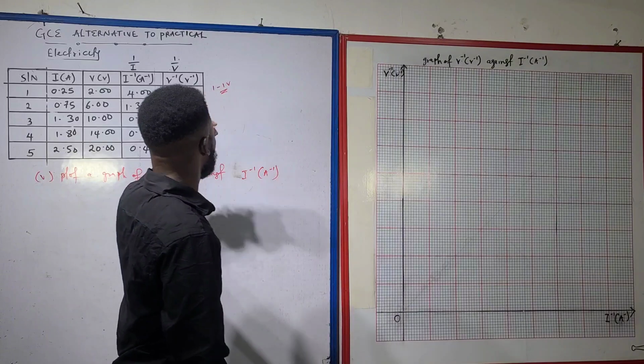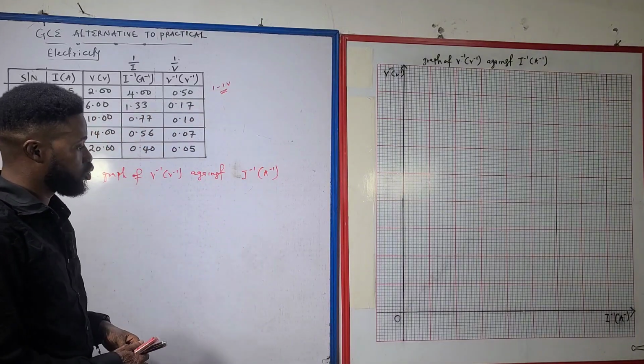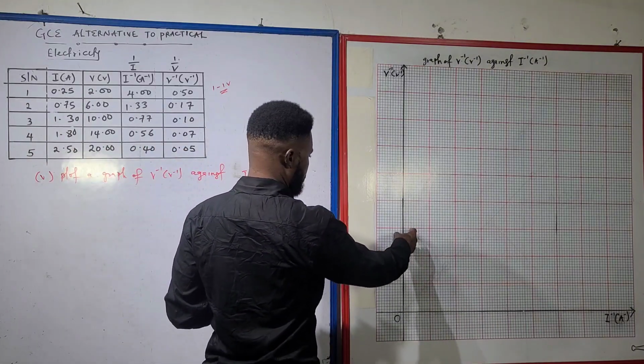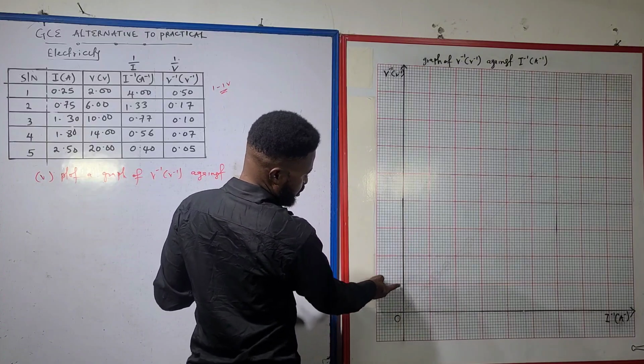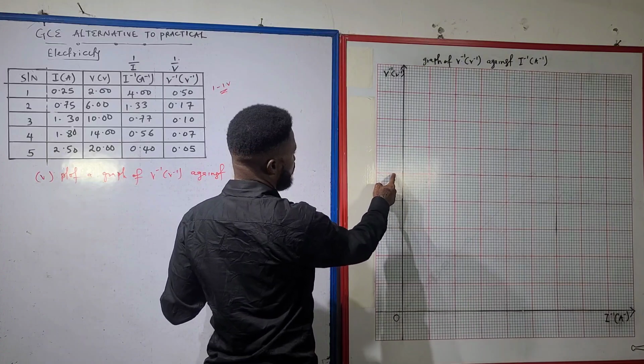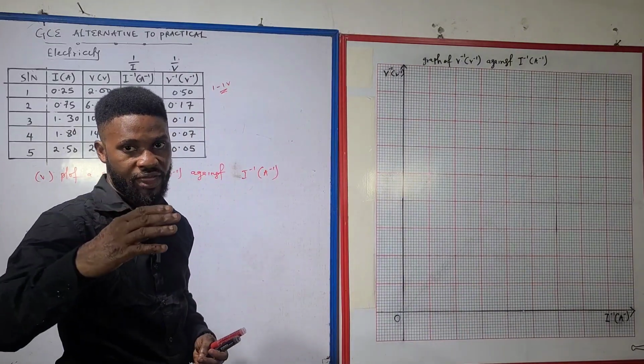Okay, this is not going to get me to what I want, so I'd rather go for 0.1, 0.2, 0.3, 0.4, 0.5.